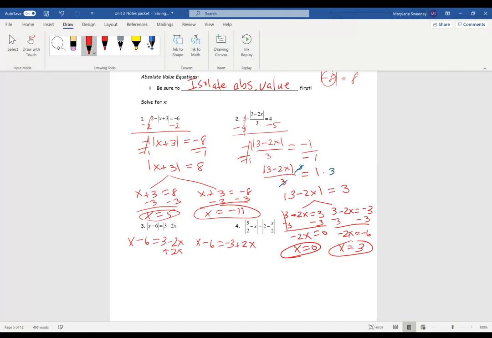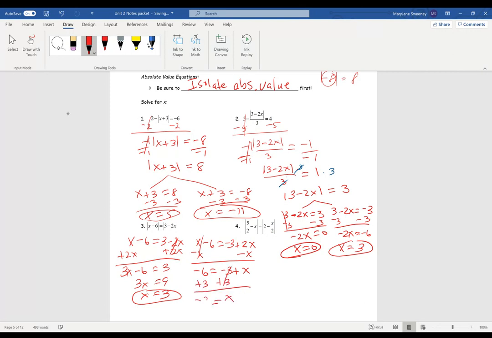And then from there, I can just solve. X is 3. And x is -3.